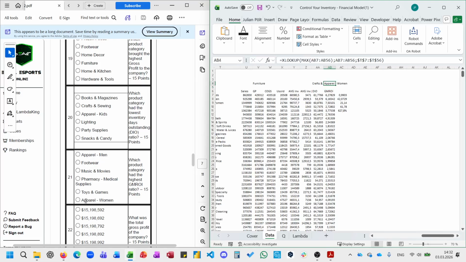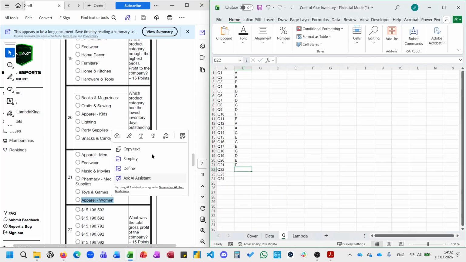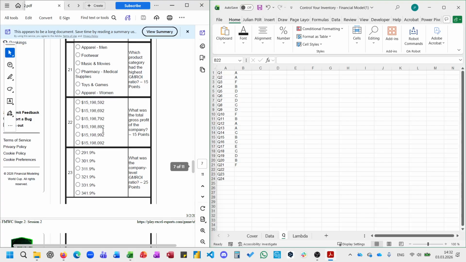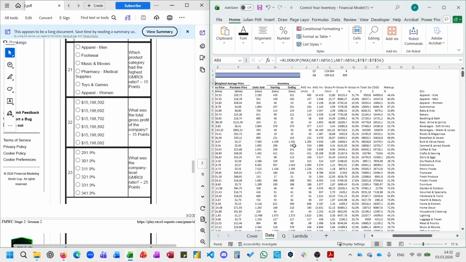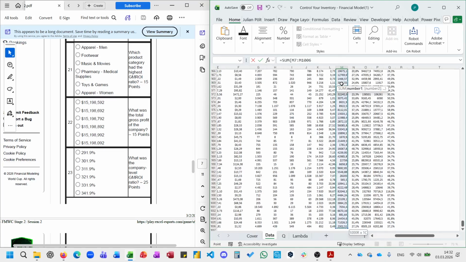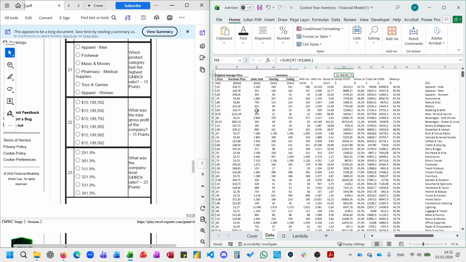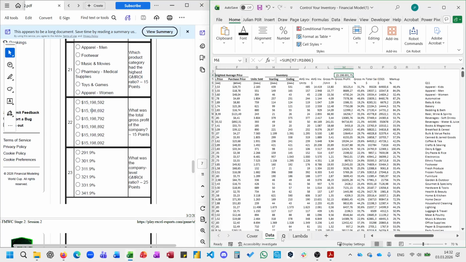Apparel women. It's here, answer F. Q22. What was the total gross profit of the company? That is easy. It's the sum of our gross profit here. 198,692. It's answer B.